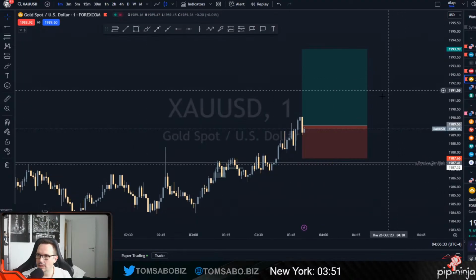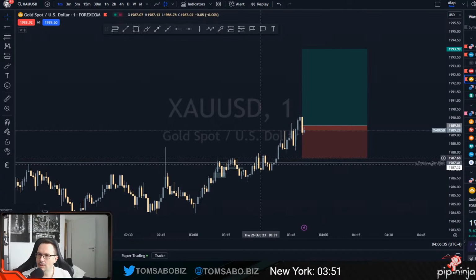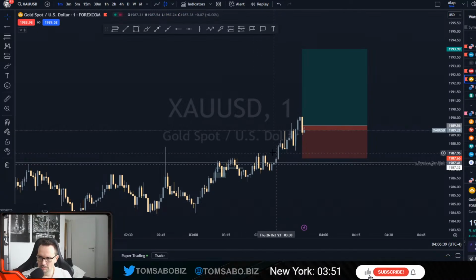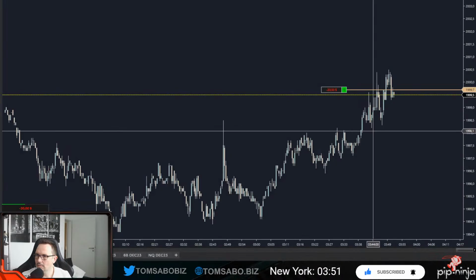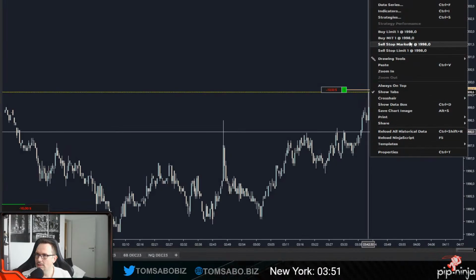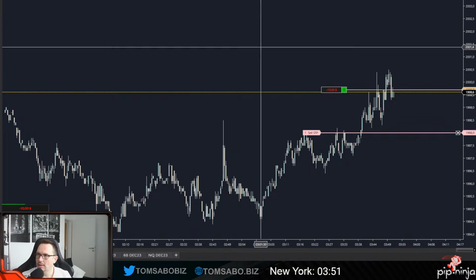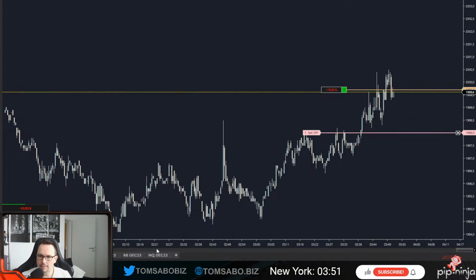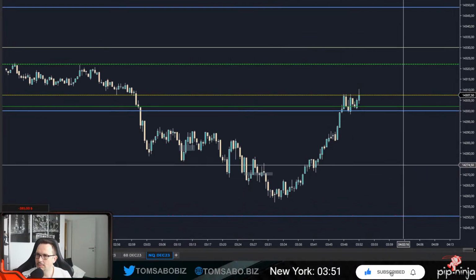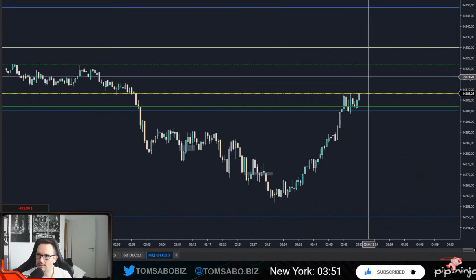Where is my stop on the 1 minute? On the 1 minute, my stop should be below this long wick candle. So there should be my stop. And let's go NQ. NQ is still going higher.